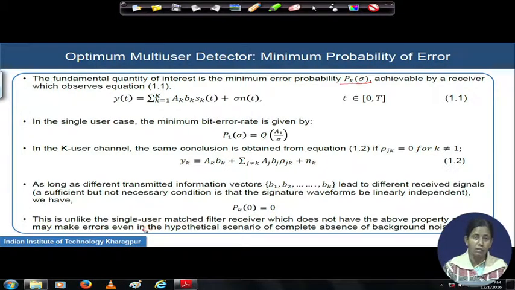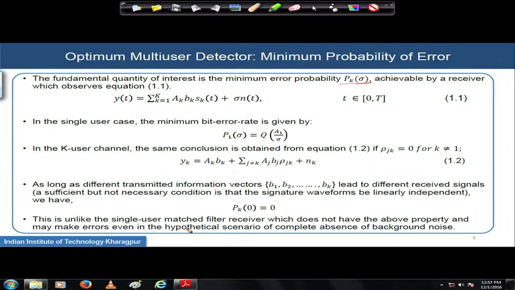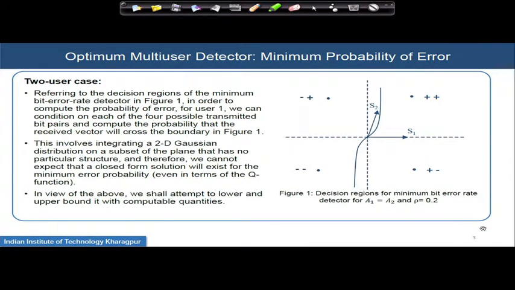We never get this in a single user match filter, because the single user match filter output will never hold this property. In a hypothetical scenario where the background noise is totally absent, the match filter output will still give some error; it will generate some signal at the output. So, the single user match filter output can never ensure that you will get p_k(0) equal to 0 when the noise variance is completely 0.